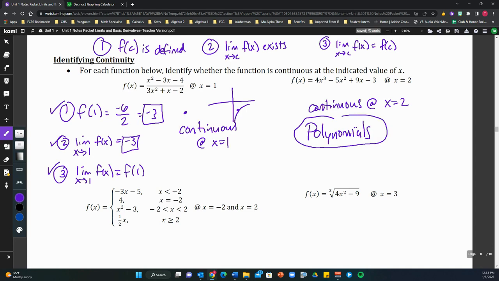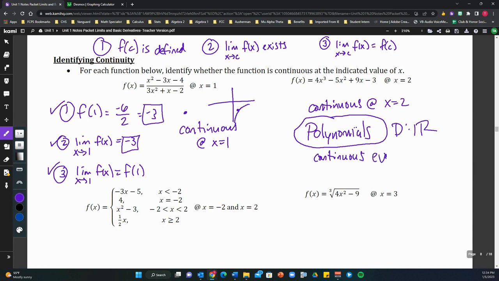There is never going to be a polynomial function that does not have a domain of all reals. And there is never going to be a polynomial function that is not continuous everywhere. So if you are lucky enough to be given a polynomial function and asked, is this function continuous at a value of x? Well, the answer is always yes. Doesn't matter what the value of x is, polynomials are continuous everywhere.